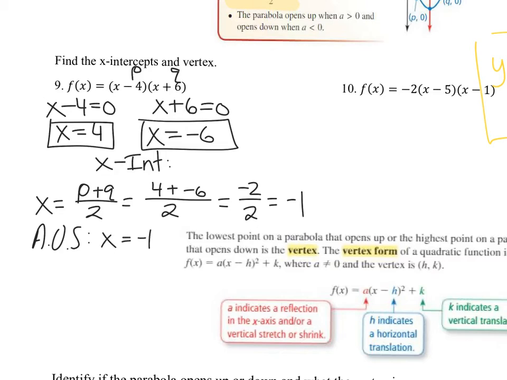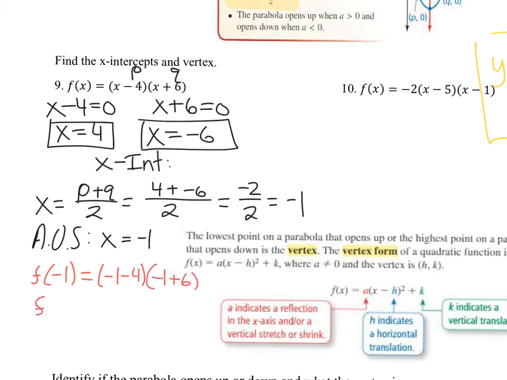Now this is not the vertex. Remember, you got to take your axis of symmetry and plug it into the original equation to find the y value, to then have your vertex. So here, what you end up with is f of negative 1 is equal to negative 1 minus 4, and then negative 1 plus 6, okay?